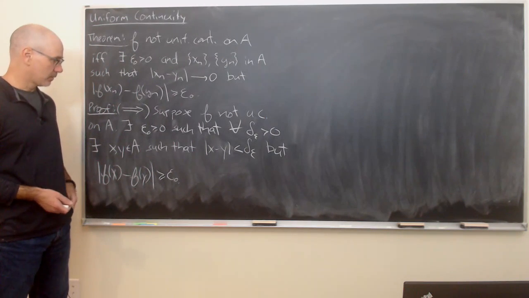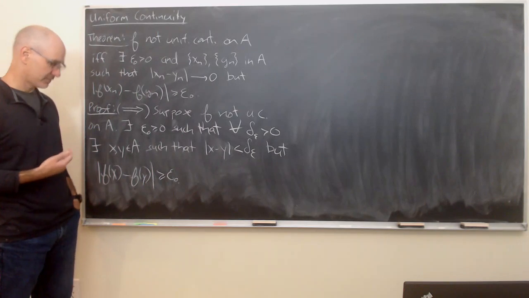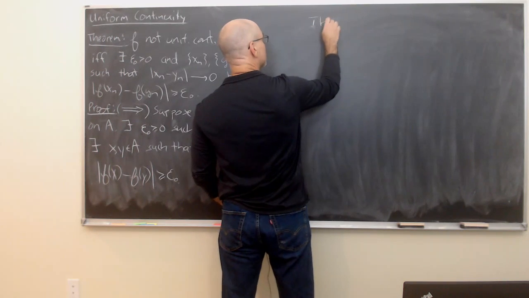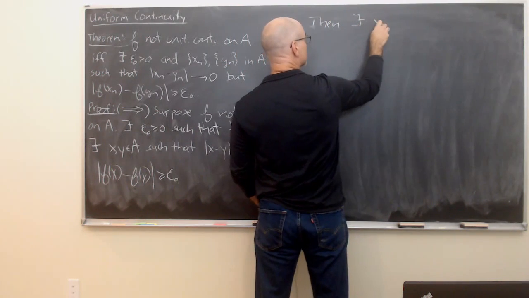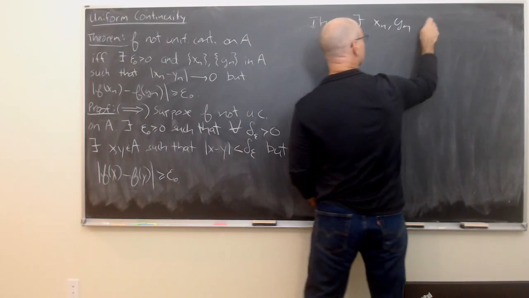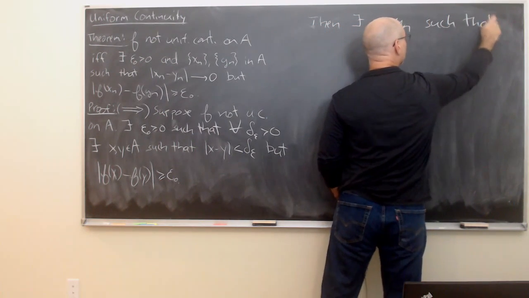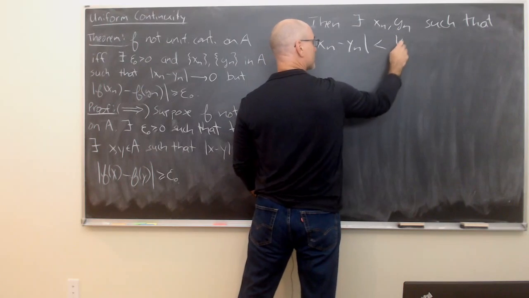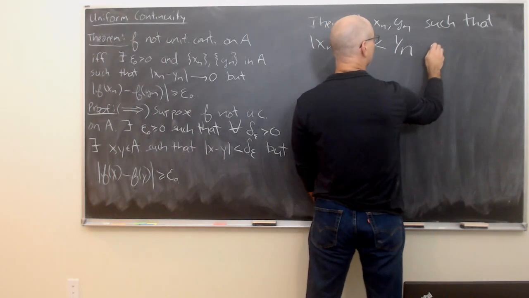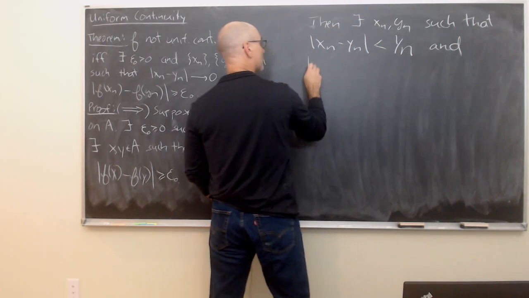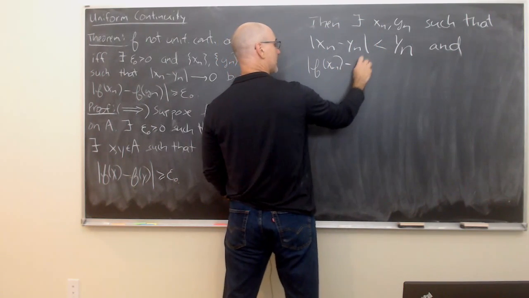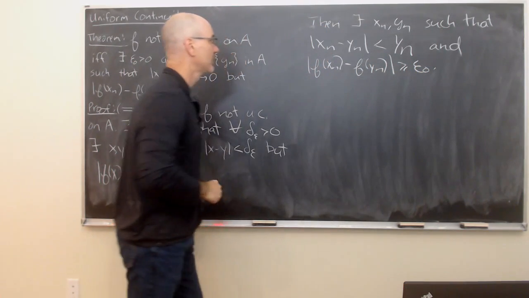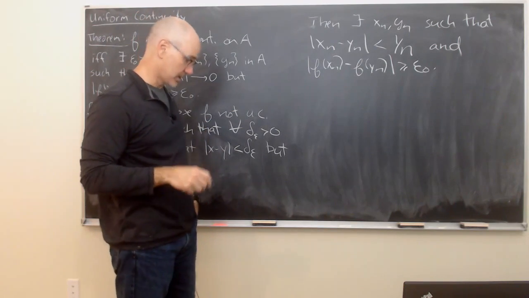So with this definition for not being uniformly continuous, there exist x_n and y_n such that, for the particular choice of delta equal to 1 over n, we get |f(x_n) - f(y_n)| bigger than epsilon, and so we've created the sequences. x_n and y_n are the two sequences.